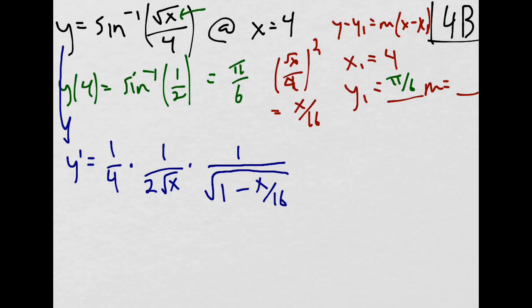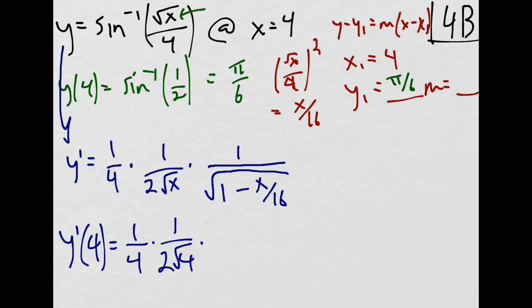So I get y prime of 4 equals 1/4, just copying this, times 1 over 2 root 4, times 1 over root 1 minus, and I'm plugging in 4 to this, which gives me 4 over 16, which simplifies to 1/4.